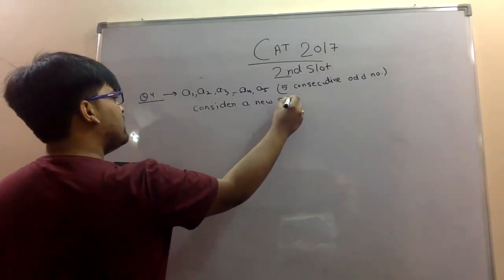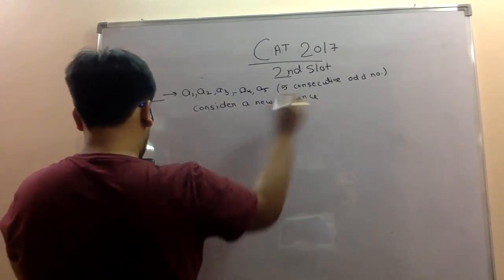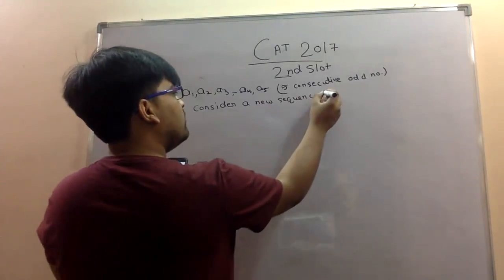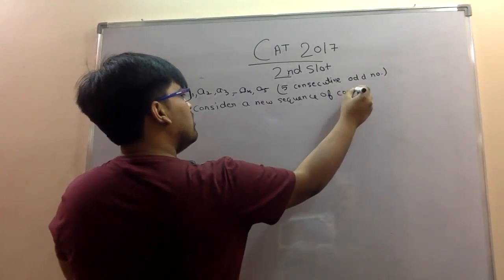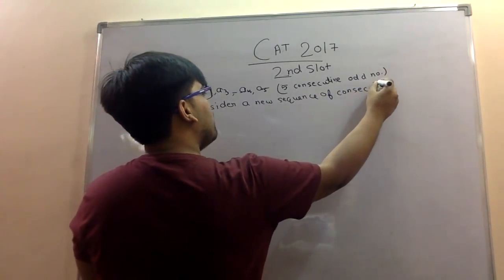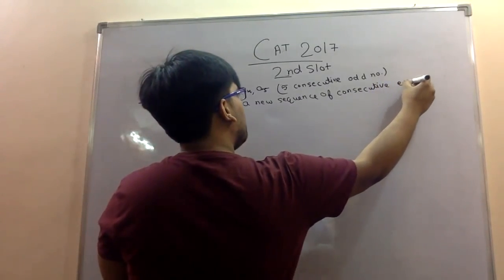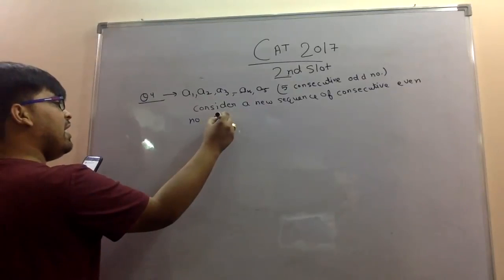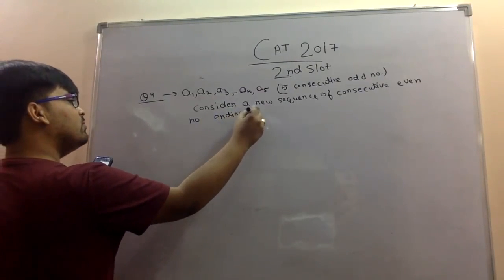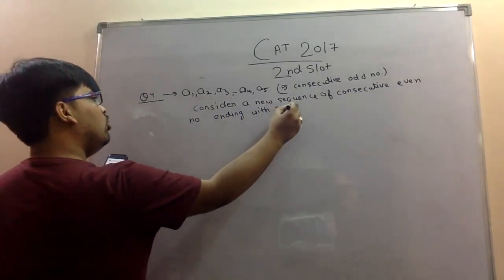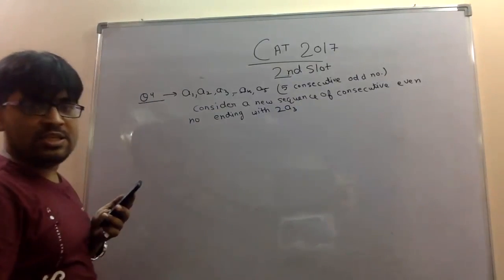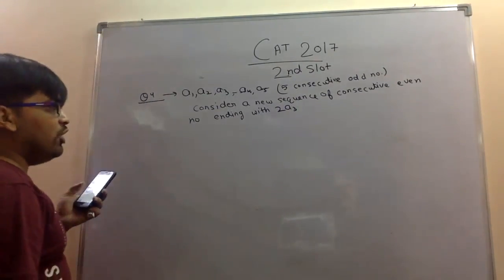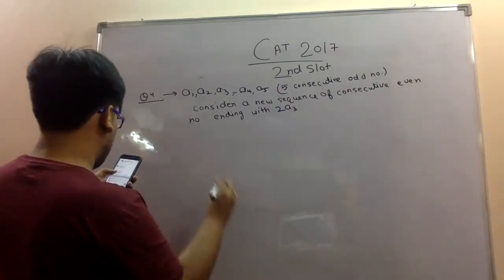Consider a new sequence of consecutive even numbers ending with 2A3.